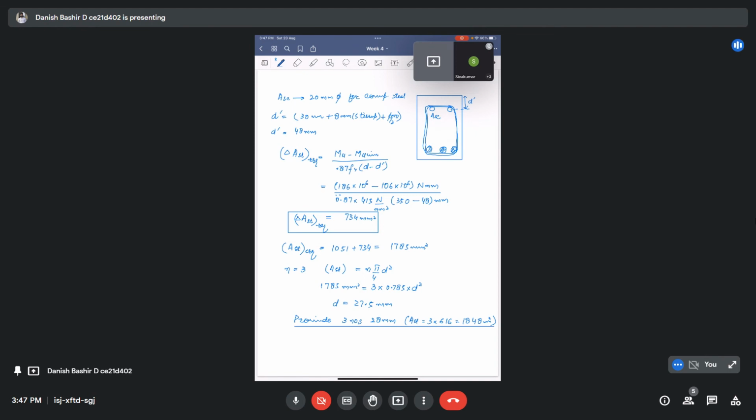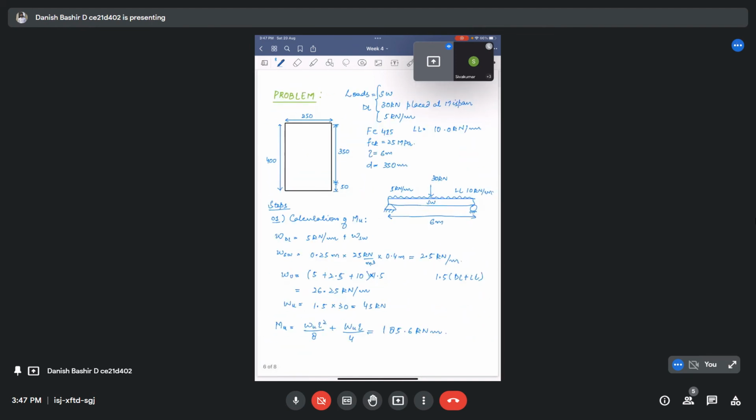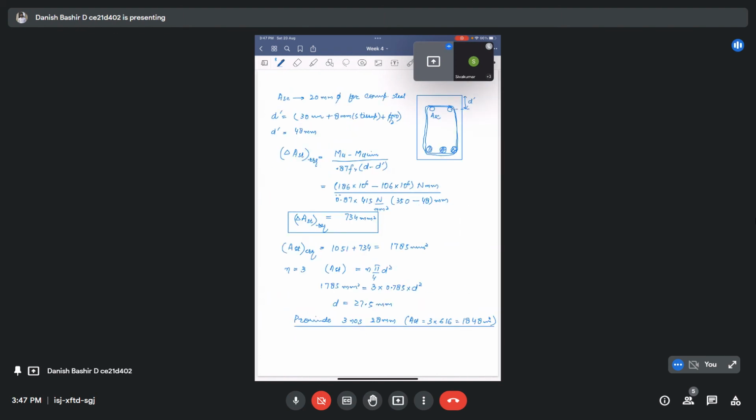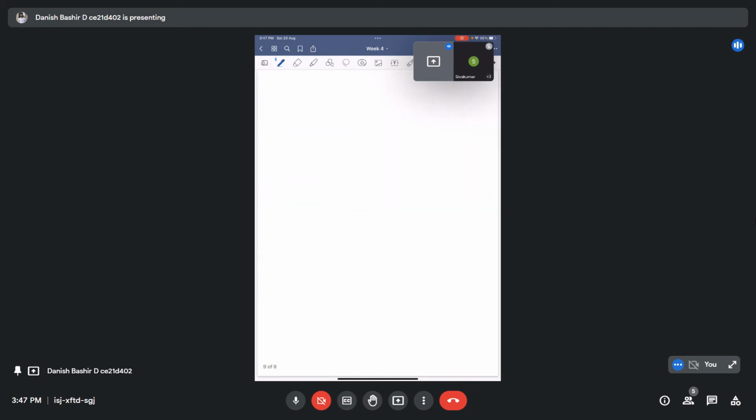I already assumed 50 mm nominal cover. But now I have to provide 28 mm bars, so my calculation gets revised because I have to calculate new D. 400 was the gross depth, and I'm providing clear cover as 30 at the top and 30 at the bottom as well.